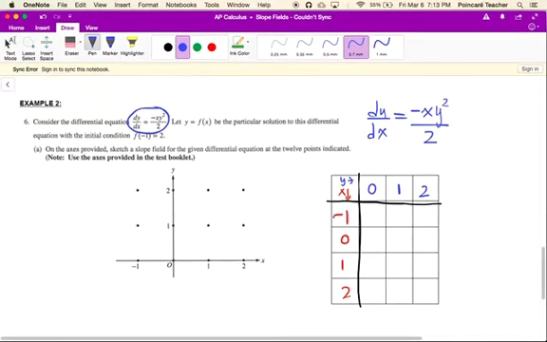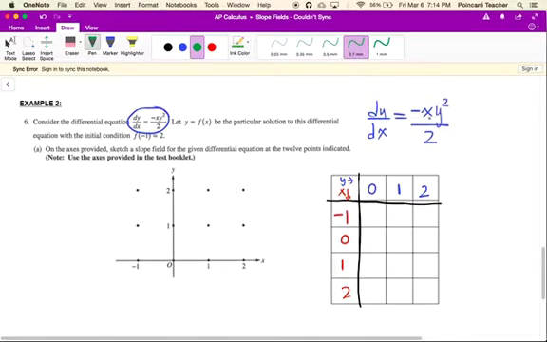Okay, so again, you can do the slower way, but you'll still get the task accomplished, by plugging each of these points one by one into the equation. So let's just do one as an example. Say I want to find the value of the differential equation when x is negative 1 and y is 0.